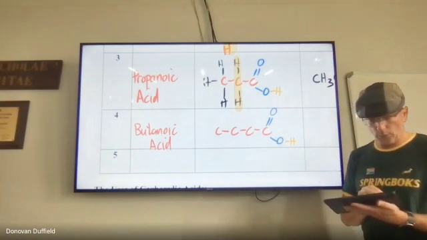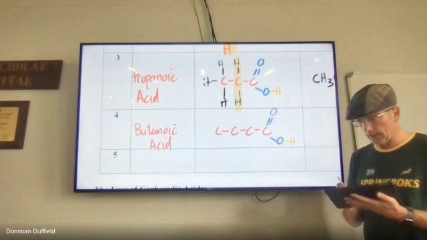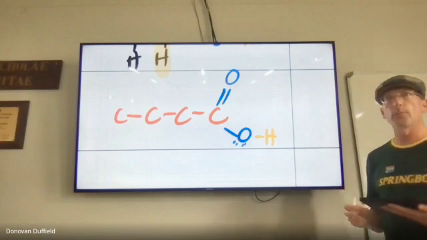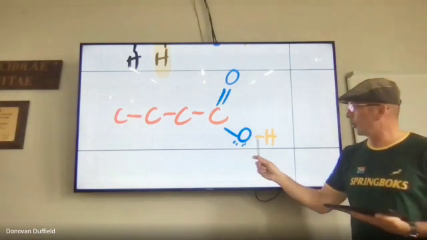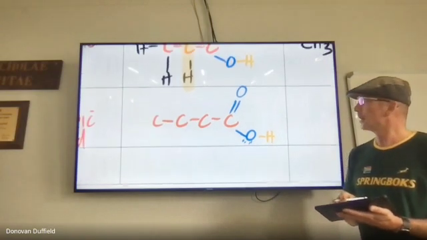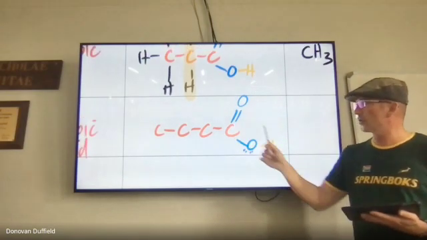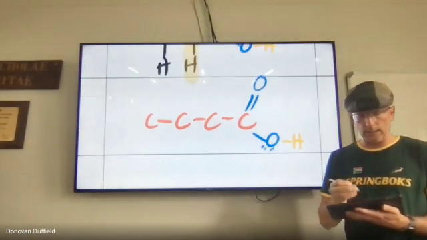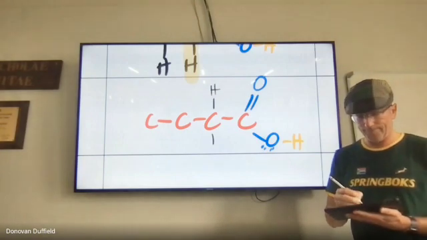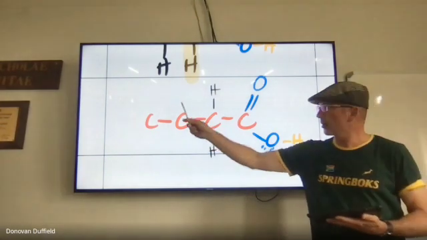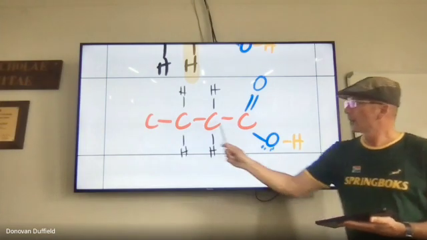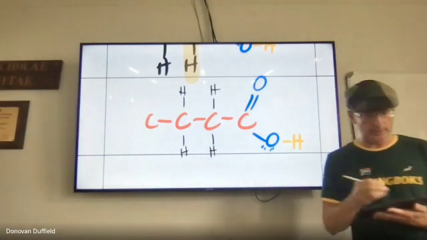Why? Because hidden in here are two lone pairs, so it's 2, 4, 6, 8 in the valence shell of the oxygen. Oxygen's got a valency of 2.